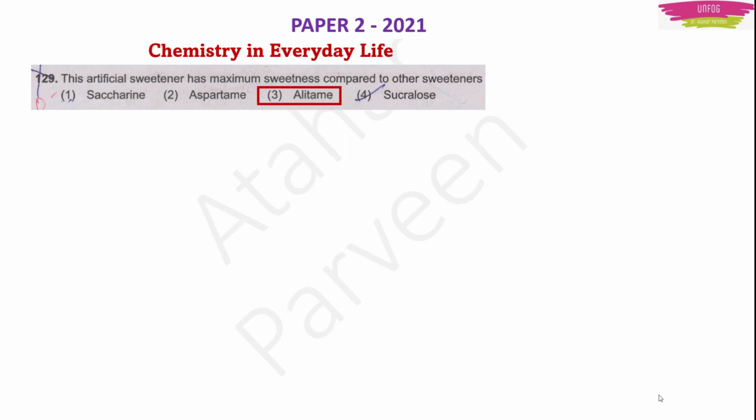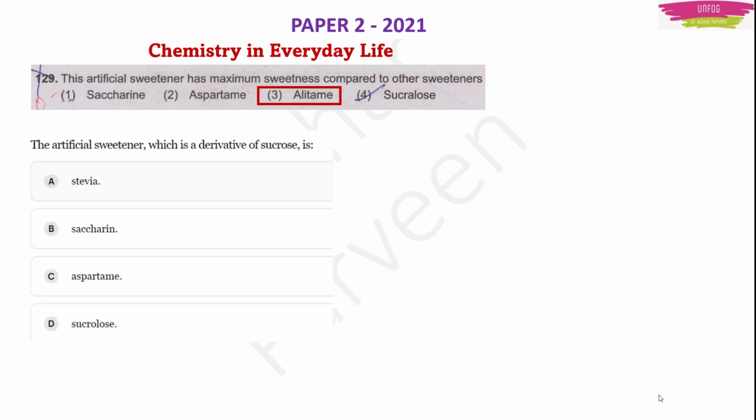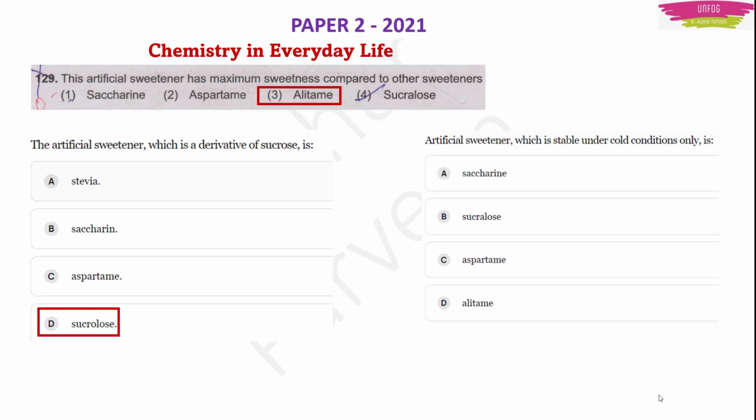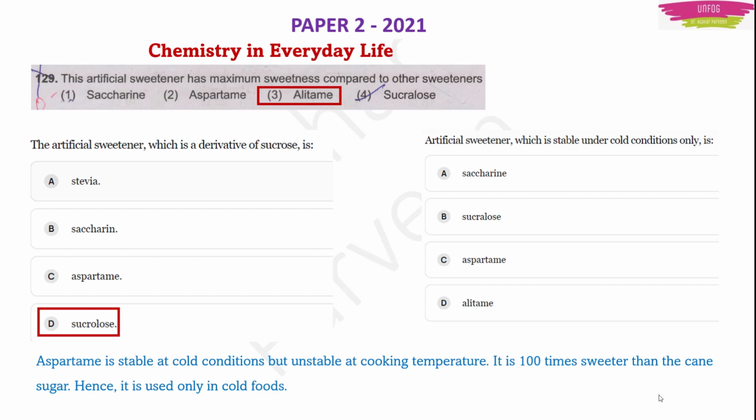Okay, because it is 2000 times, we told, right? Now this type of question they can ask like this: the artificial sweetener which is a derivative of sucrose is sucralose. Or they can ask like this also: the artificial sweetener which is stable under cold conditions only is aspartame. We told you, right? Just now we told you. It is aspartame. Okay.